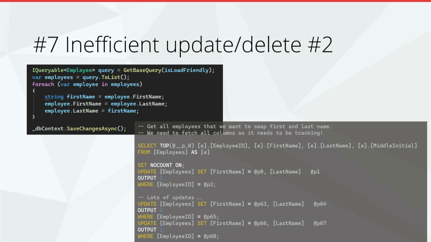I'm just interested in first and last name. But because it has to be tracking, I need to get all of the columns. And here you can see there's a couple of update statements. There were about 26 update statements. So each entity is being updated separately.